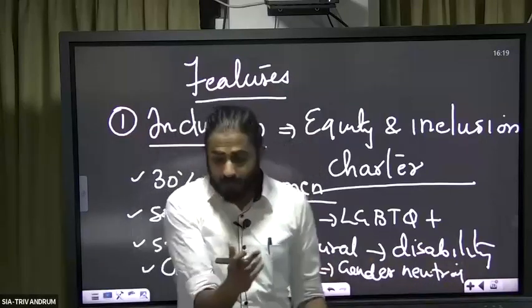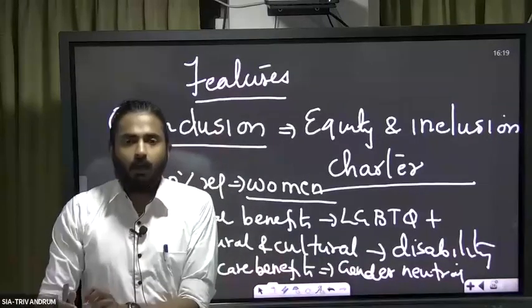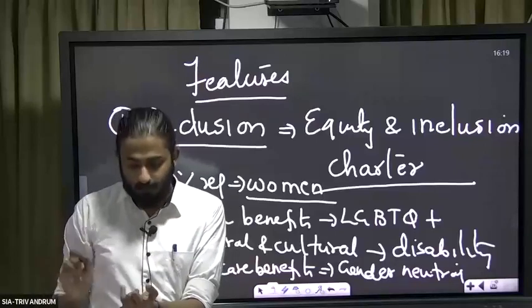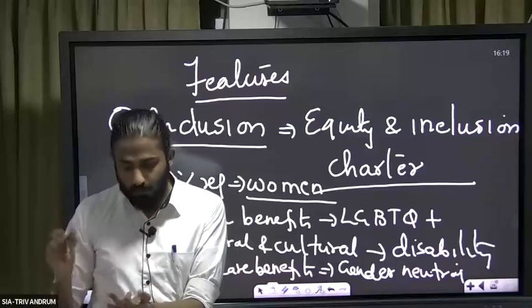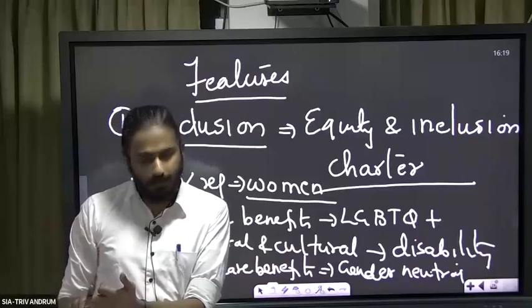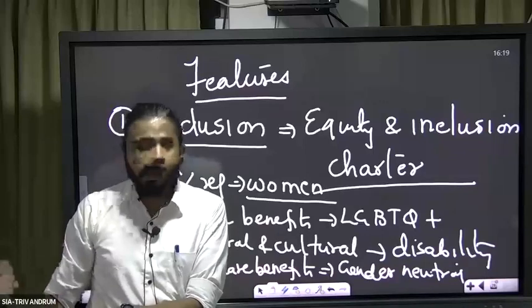So these are some of the major changes in inclusion, and this is path breaking also. So first, 30% representation for women, spousal benefits to the LGBTQ community, structural and cultural changes to incorporate persons with disabilities, and child care benefits made gender neutral.